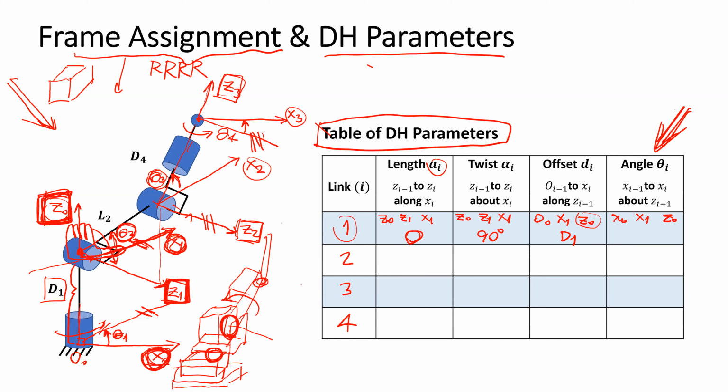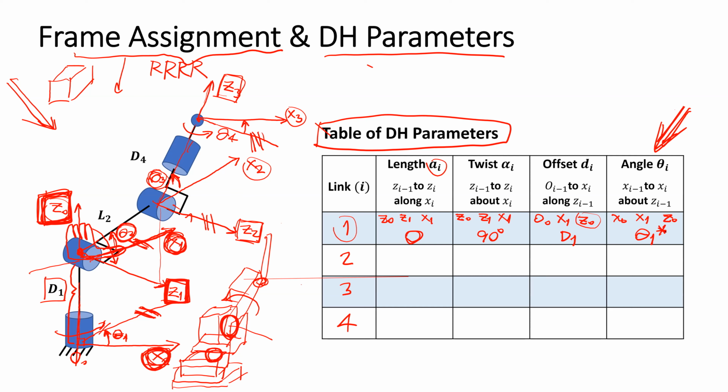X1 is in this direction. And when we measure about the Z0 or the vertical axis, the joint angle is theta 1, and we can write the joint theta 1.